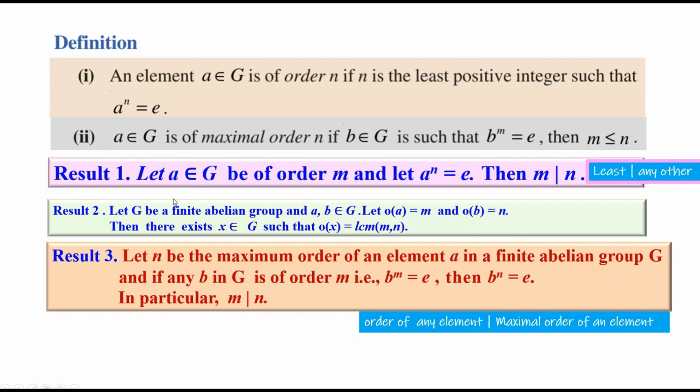So this result will be used in proving this result, and results 1 and 3 will be used again in proving the fundamental theorem. This in short we will call: order of any element divides maximal order of an element.